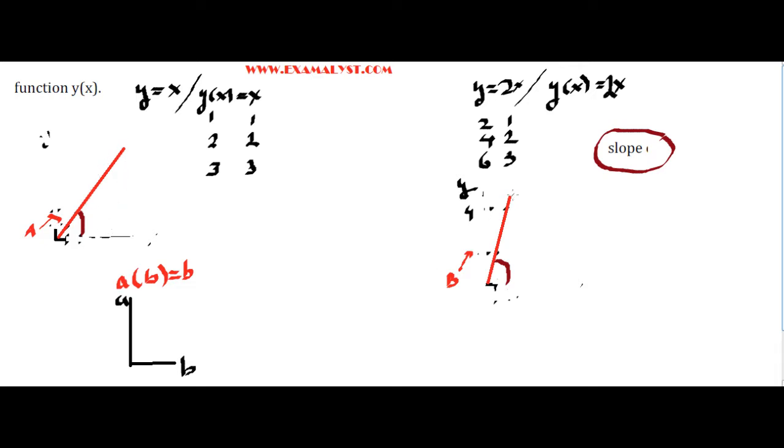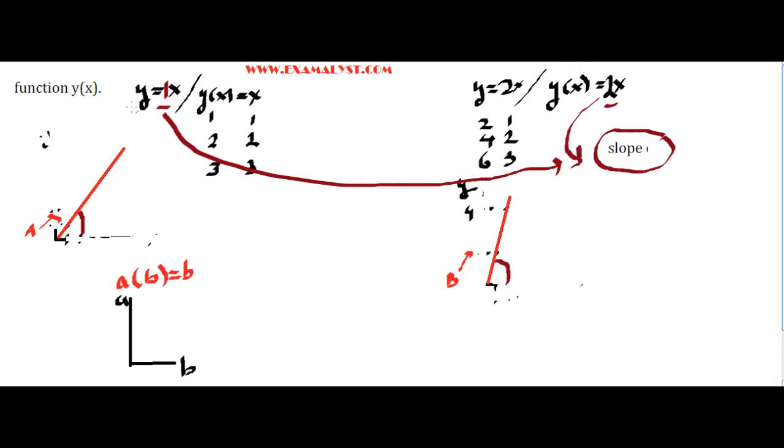Now mathematically, when you look at this line and when you look at this line, there is a number that indicates something about slope. Can you guess that number? Yeah, this 2, and here, when I write y equals x, the number is actually 1. So these are the numbers that are connected to slope.